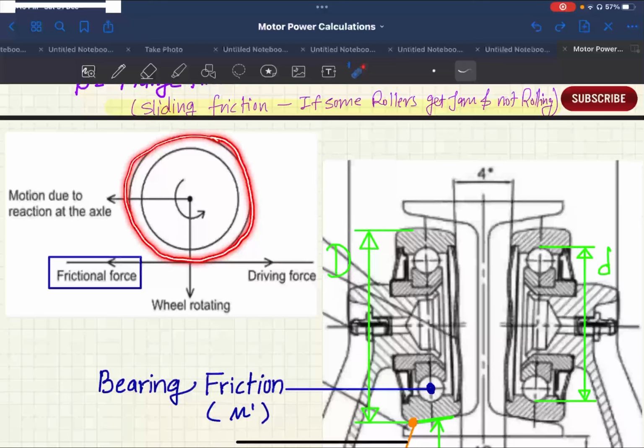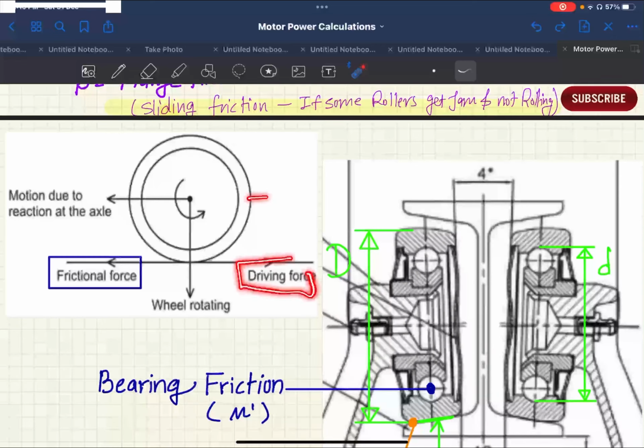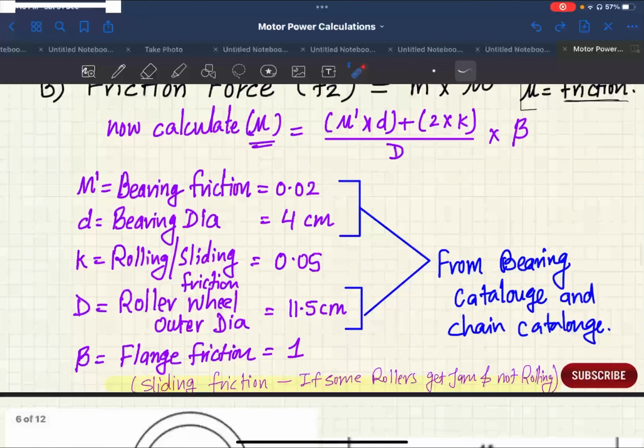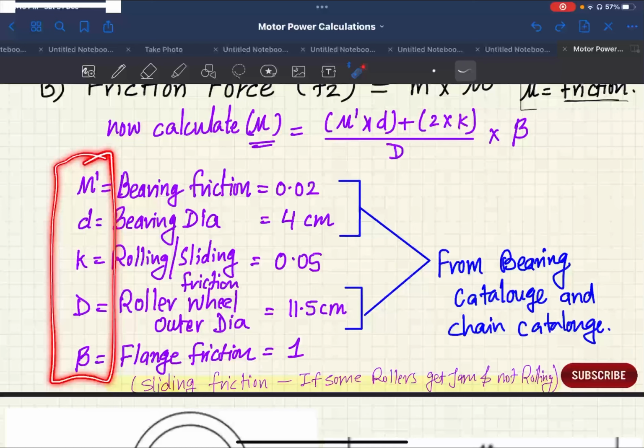When this roller rotates on the surface, due to the motion, a reaction at the axle of the roller comes from the surface contact between the chain track and the roller. So the friction force acts, and the driving force direction is this side, but the friction is applied in this direction. So here we have explained these 5 parameters.